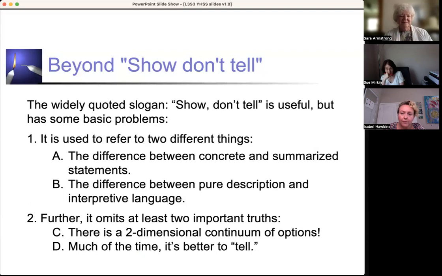If you only showed, everything in your story was concrete, what would that do to the story? Nothing would stand out. You'd just be lost in details forever. It's like, is this still going on? Right? So if you never tell, you are going to end up with a cruddy story.